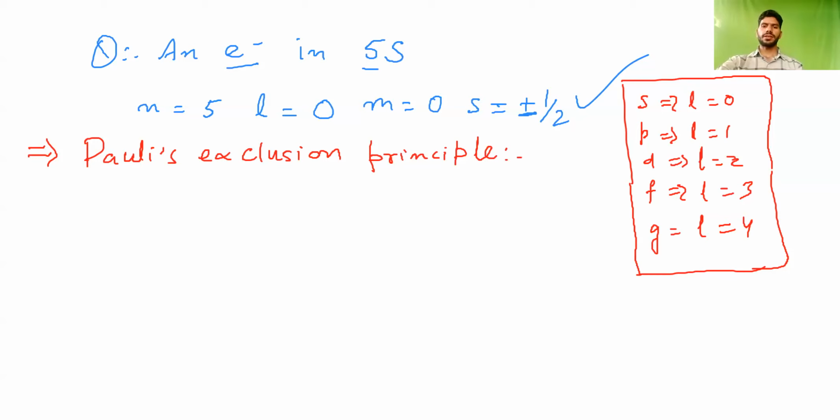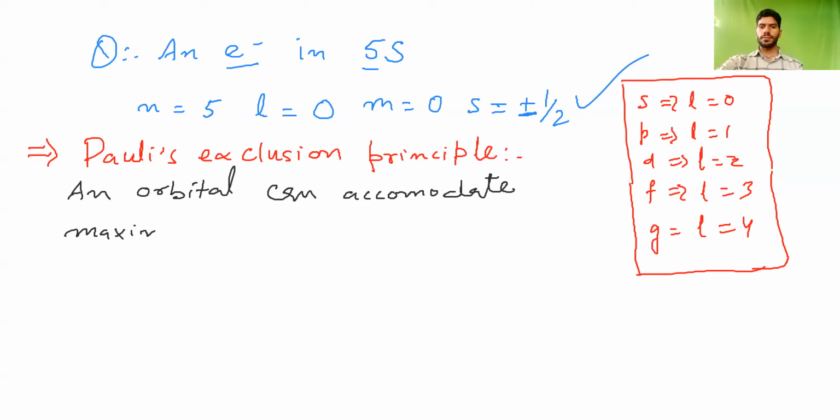I will write its statement like this: according to Pauli, an orbital can accommodate a maximum of 2 electrons with opposite spin.